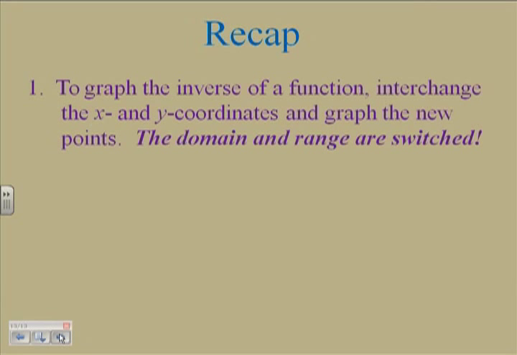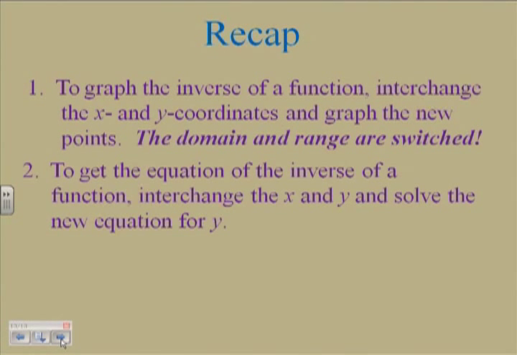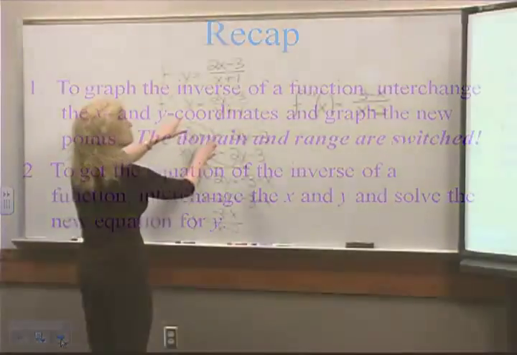To graph the inverse of a function, interchange those x and y coordinates. So you might want to identify some points on the original graph, and then flip them to get your inverse. And remember, domain and range are switched.